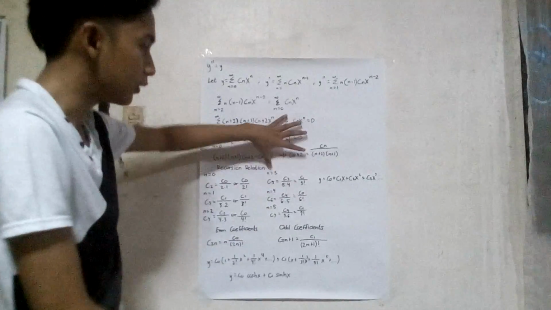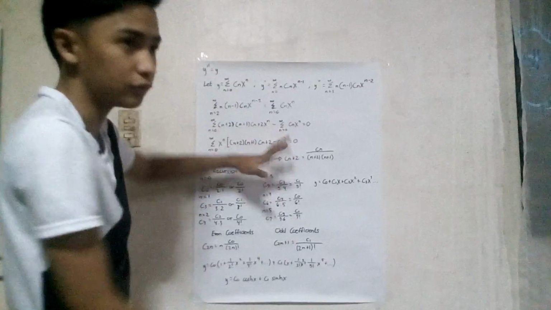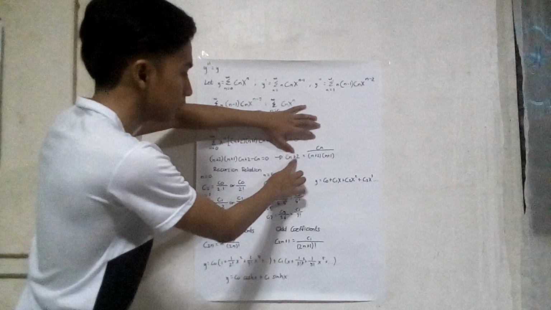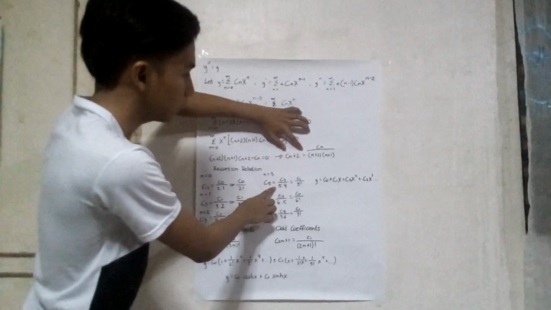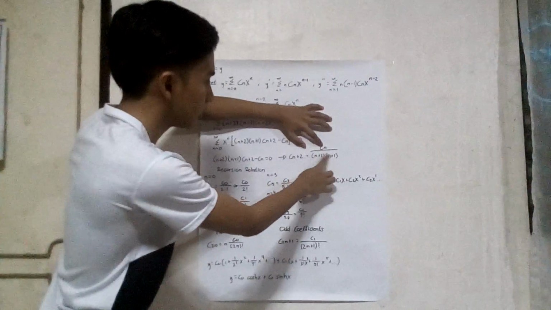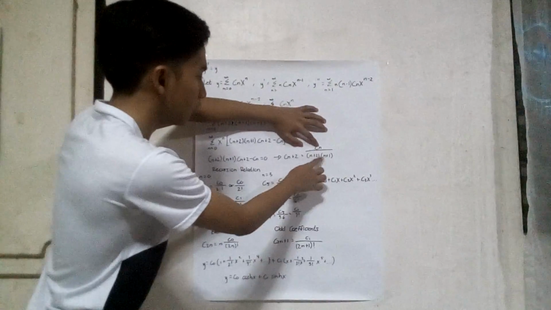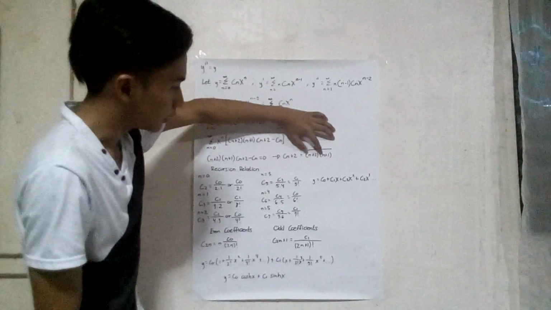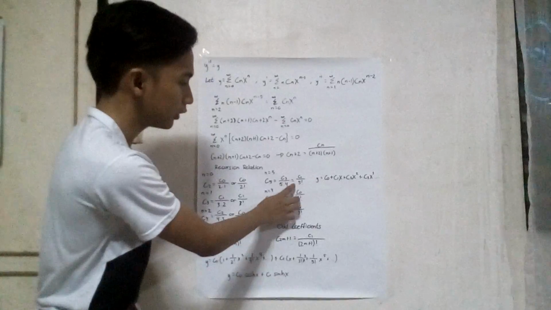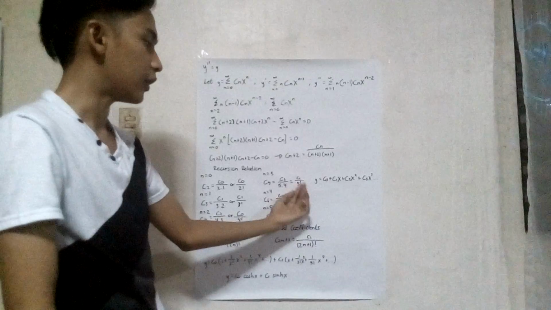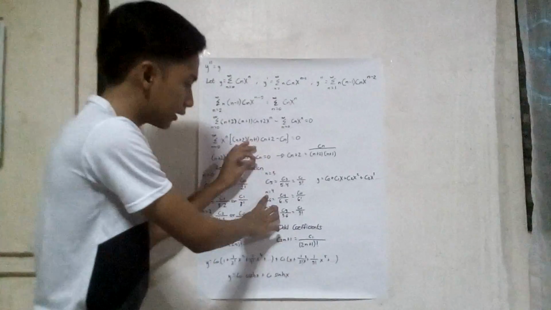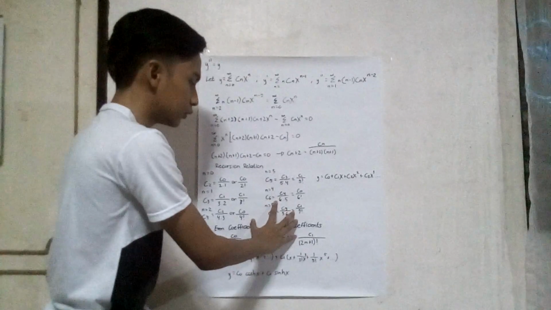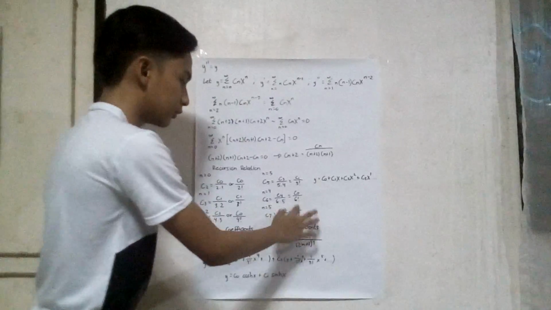For c5, where n equals 3, we do the same process: c5 equals c3 over 5 times 4, equals c1 over 5 factorial. And by setting n equals 4, we get c6 equals c0 over 6 factorial.